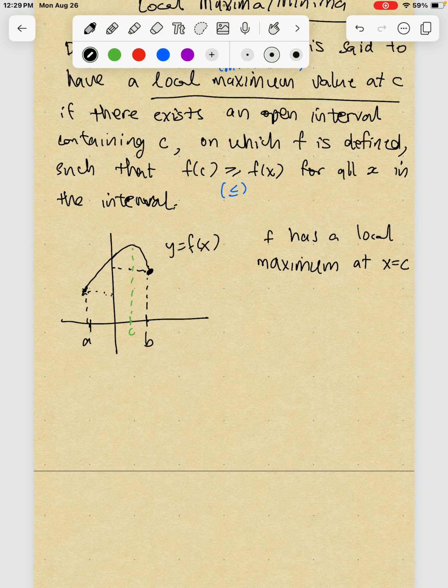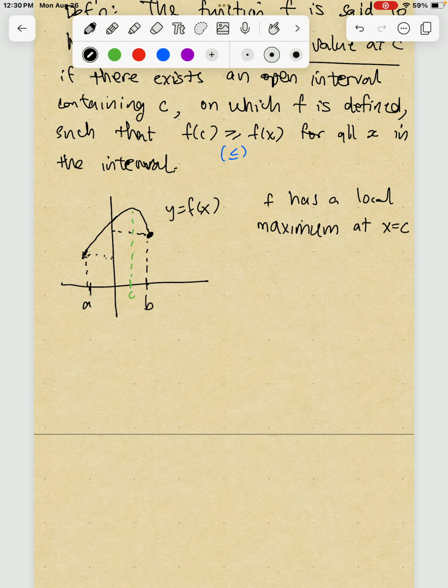And what about local minimum? Well, it's not at c. There is no local minimum. Now, we don't know what's going on to the left of a, so we can't guarantee that the function has a local minimum at a.